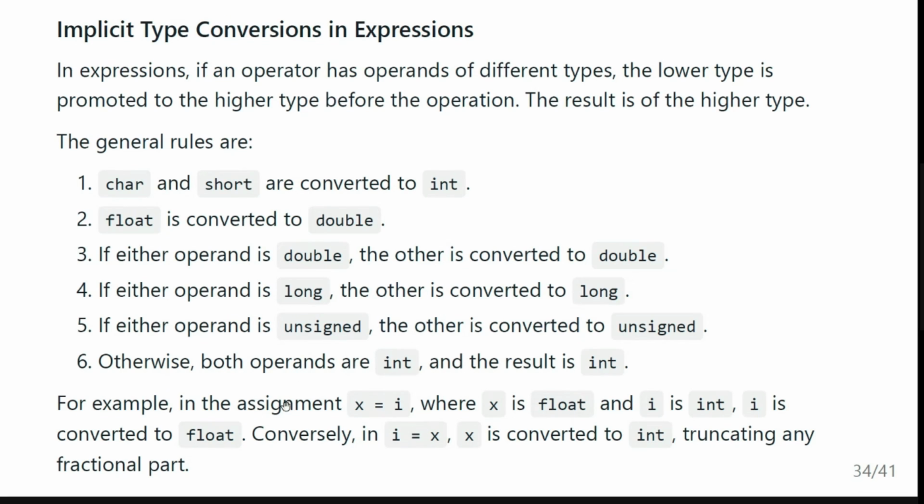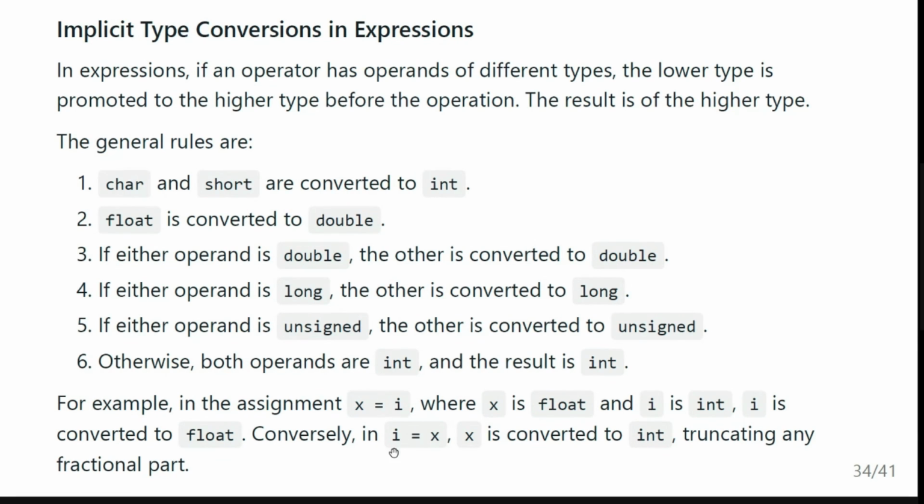All right. So when we talk about assignment, x equals I, you assign the value of I into x. If x is defined as a floating point and I is an integer, when you do the assignment, this integer will be automatically converted into float. That makes sense.